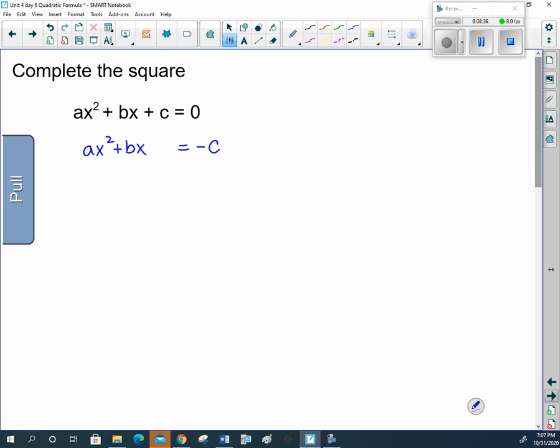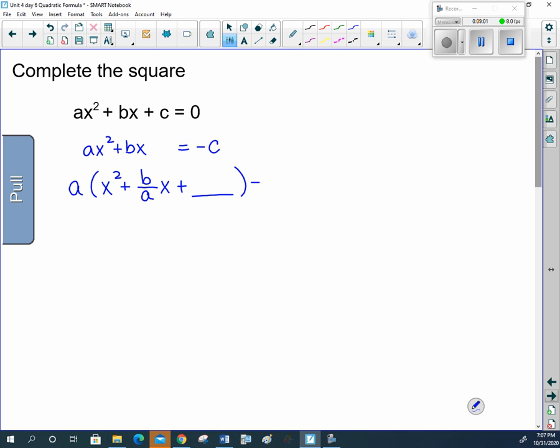So we need to create it so that it is a 1. So we need to factor out an a. Well, how do you factor out an a from a b? Well, basically, remember when you're factoring out, you're dividing those terms. So what do I mean by that? When I factor out an a, I'm going to have x squared plus b divided by a times x.